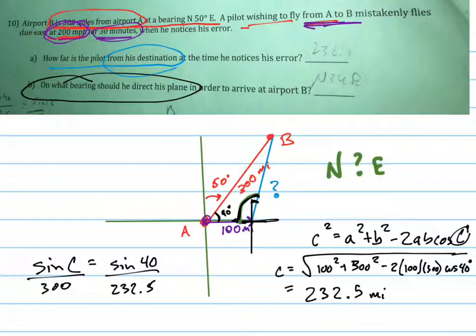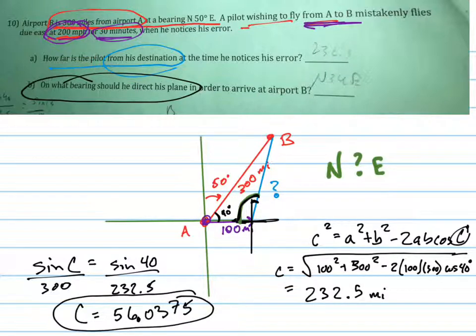So punch that in, and your calculator will tell you 56.0375, rounding a little. But you know that answer is bigger than 90 in the picture, so you have to realize it's the ambiguous case.